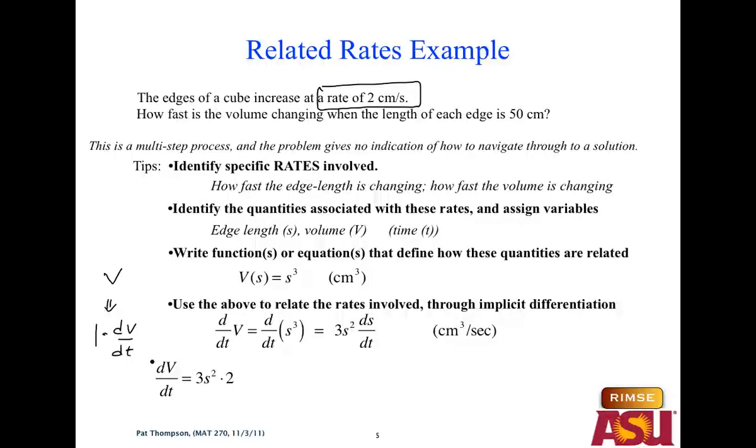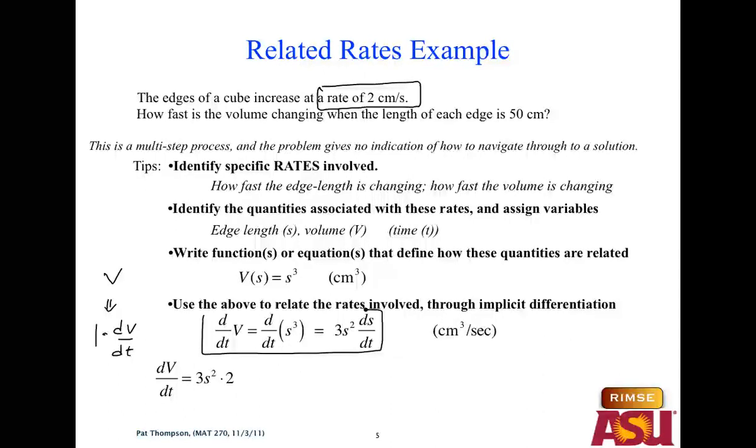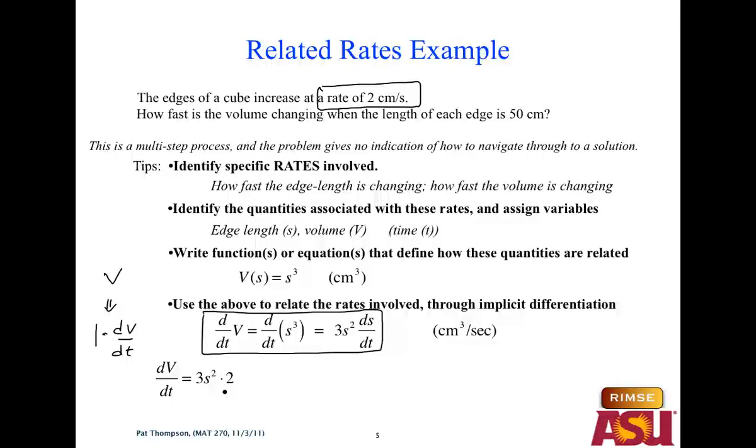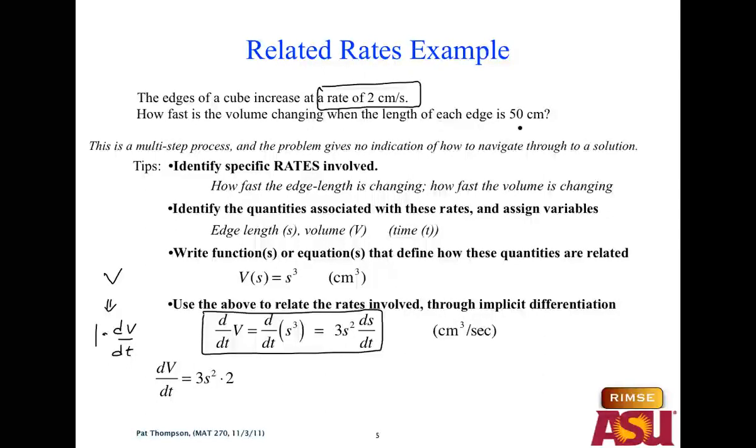So here is our related rates equation. But we know that the side length is always changing at a constant rate of 2, so we can put that 2 in there. And then we want to know how fast the volume is changing when the length is 50. So what are we trying to solve for there?